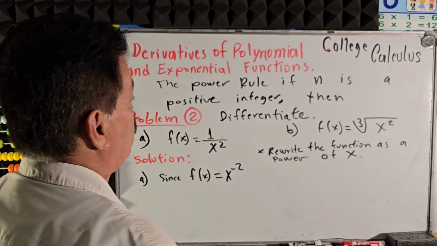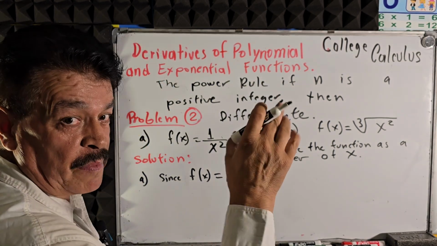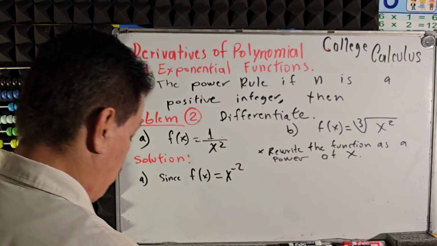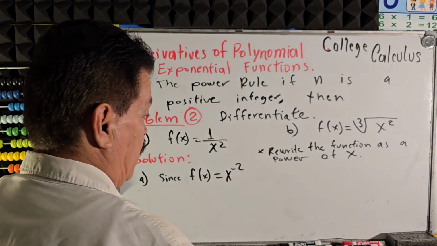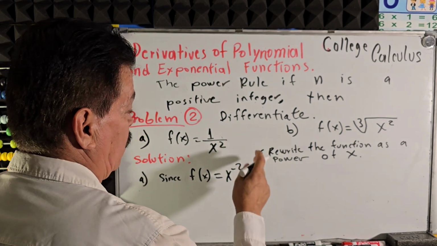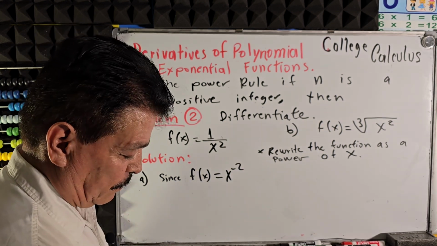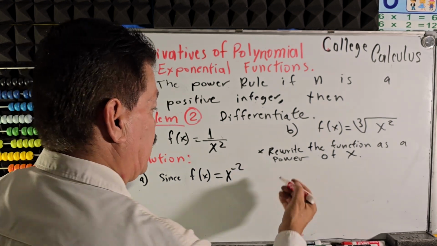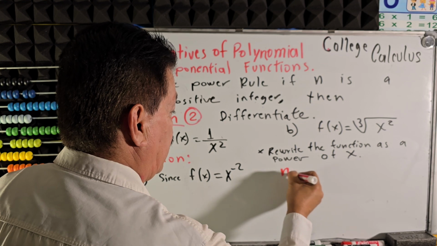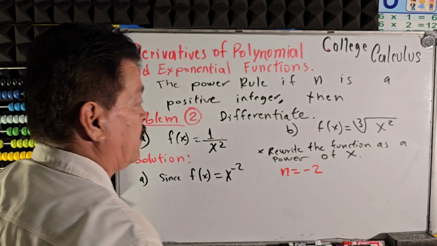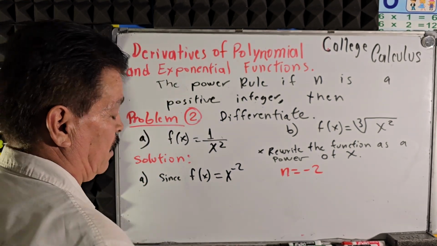In this case, we use the power rule that was explained before, where n is equal to negative 2, right? In the power rule here. That's why I write it like that.